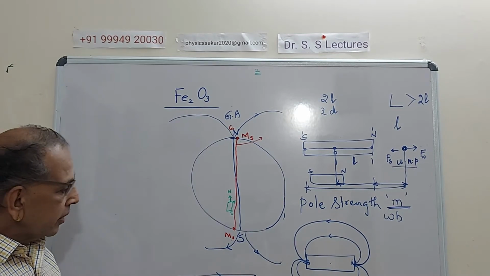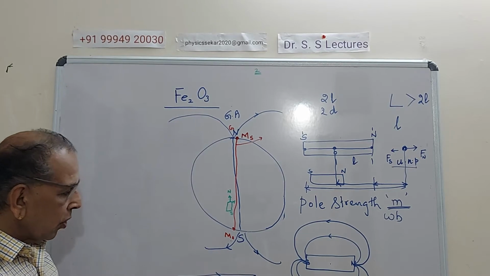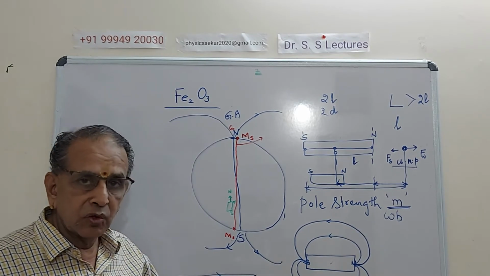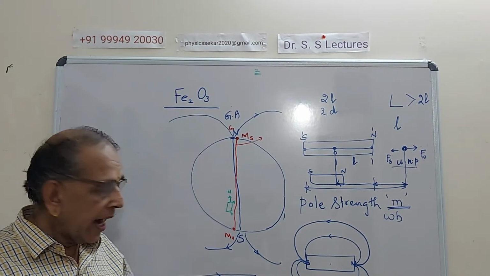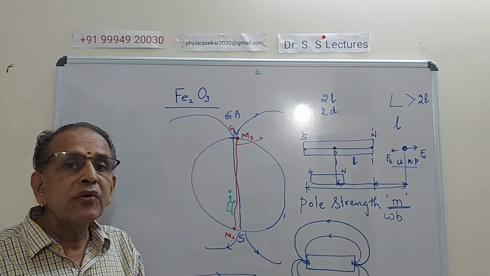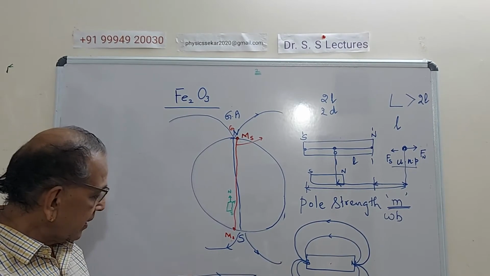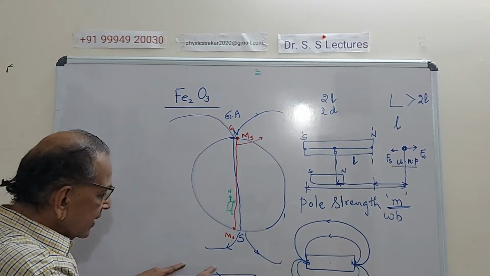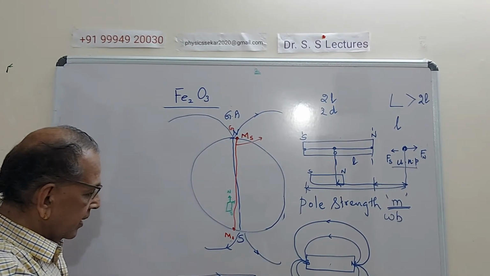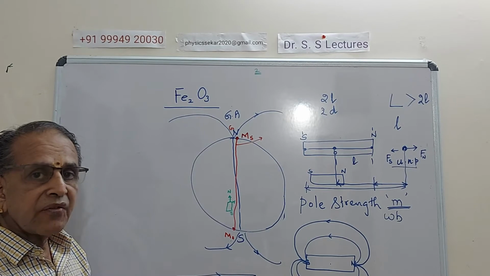I told you the magnetic lines of action emanate from the north pole and terminate at the south pole. When they are all parallel, we say that it is a uniform magnetic field. The area covered by these lines of action is called the magnetic field.